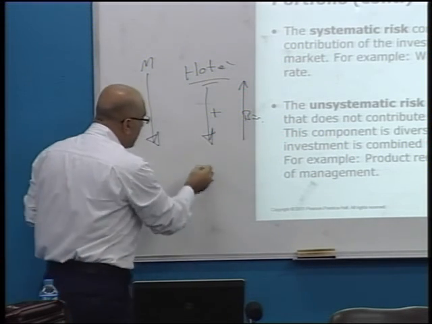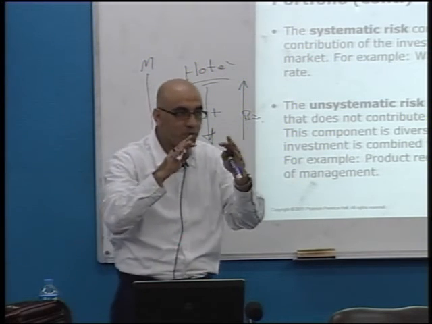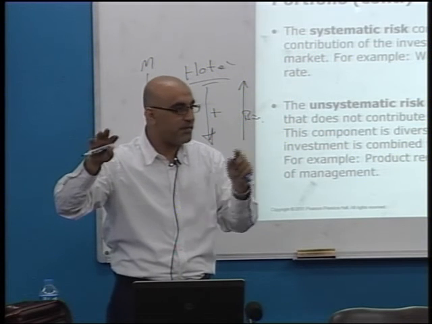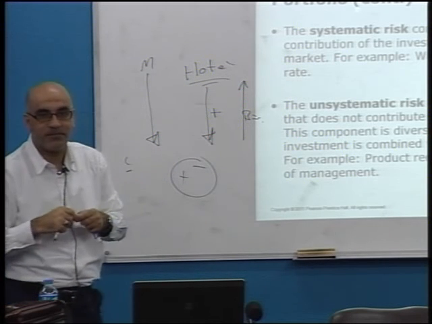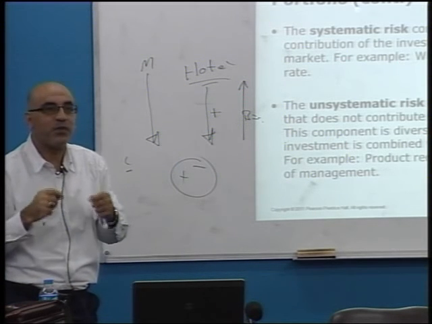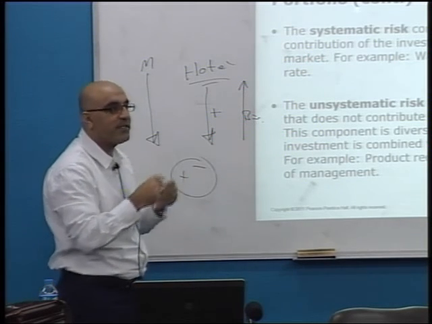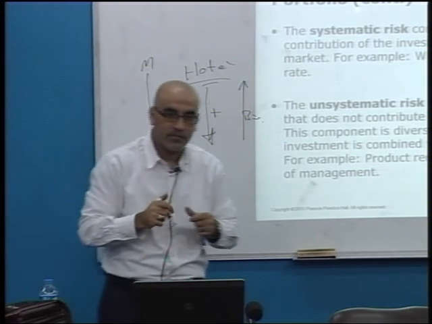So now, when we are forming the portfolio with a negative and a plus, two stocks, with this stock having a negative beta and this stock with the positive beta, they offset each other. So this is why we see what is the contribution of this in the systematic risk, and what is the contribution of this in the systematic risk.